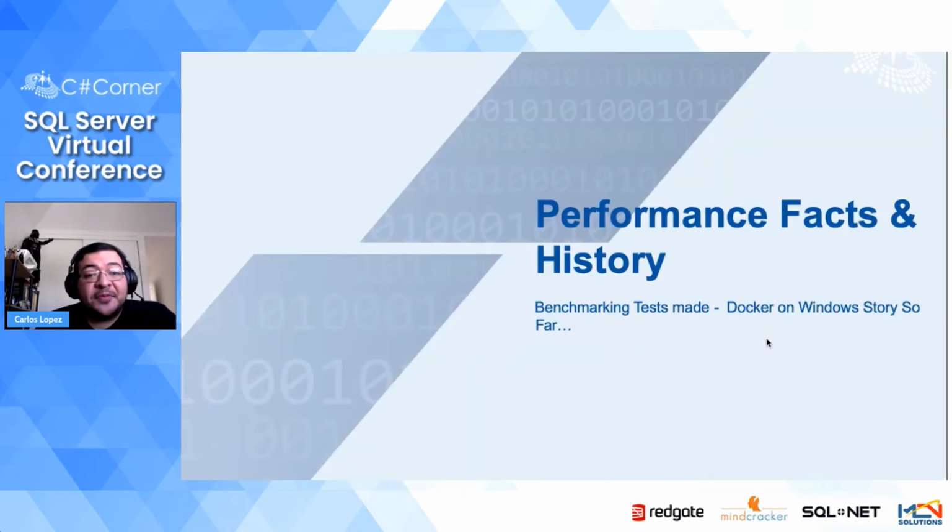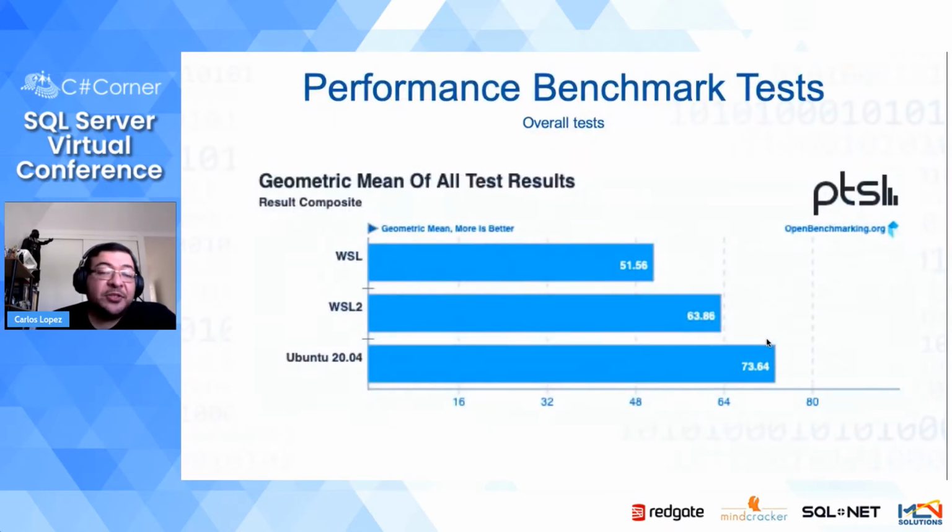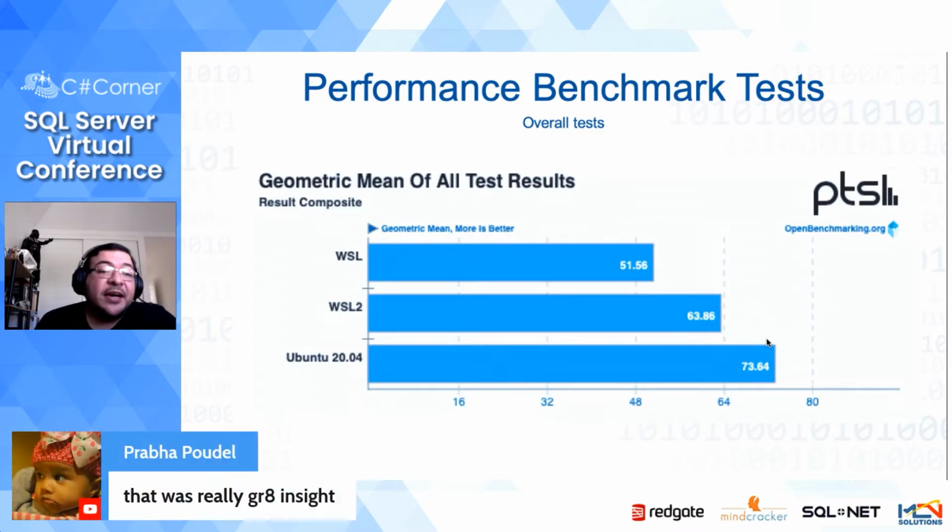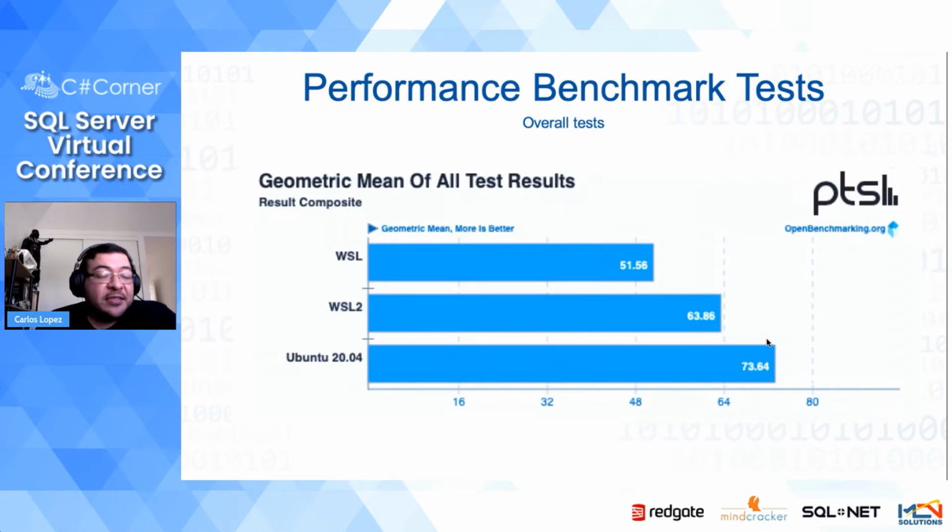So for that reason, I would like to show you some benchmarks that Open Benchmarking.org had done over the WSL2 product. Overall tests showed that WSL2 had improved to 63 percent against the 51 that WSL1 had, and against bare metal Ubuntu 20.